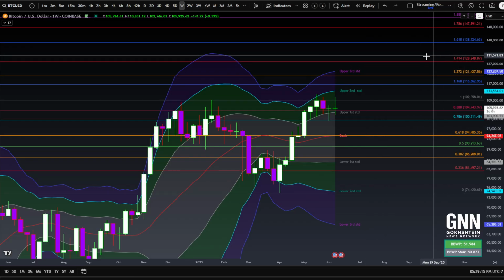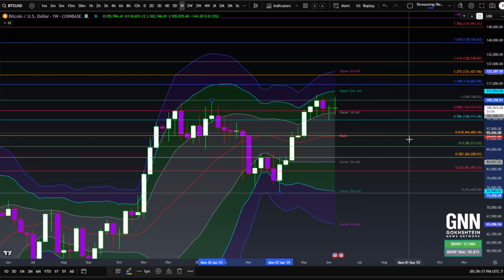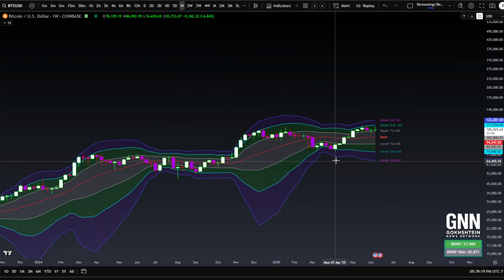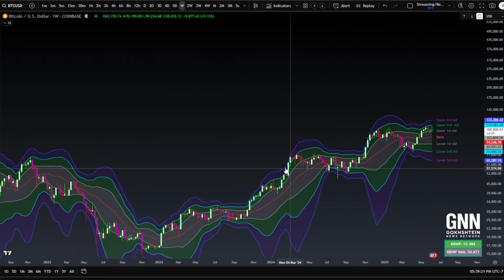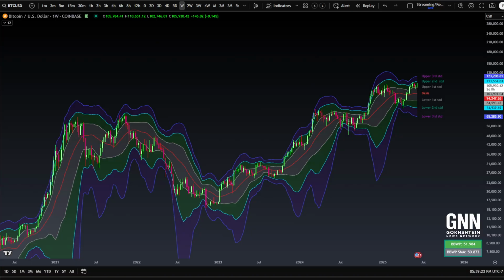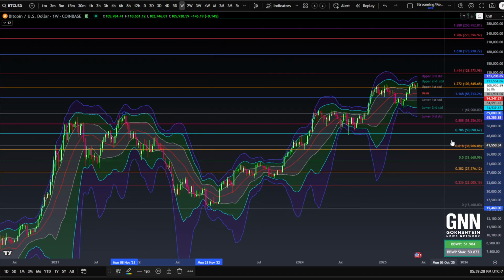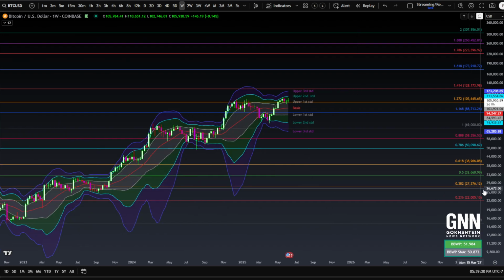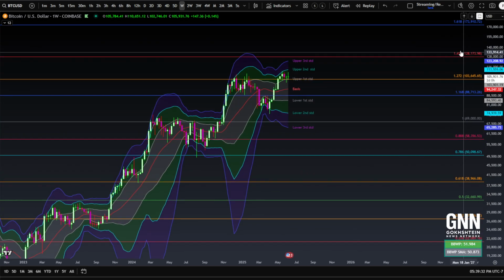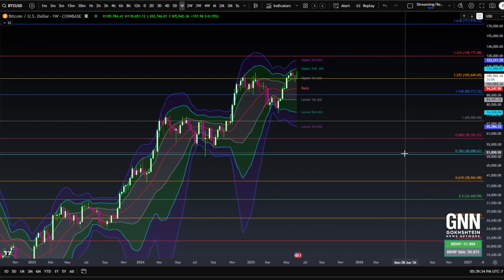So that $128,000 area is interesting because, from a local downtrend pull to trend break on a possible breakout, it matches the 1.414 on the macro scale here, which is also going to be $128,000 to $130,000. So good confluence there. This is also on top of the 1.272 here on weekly closes.